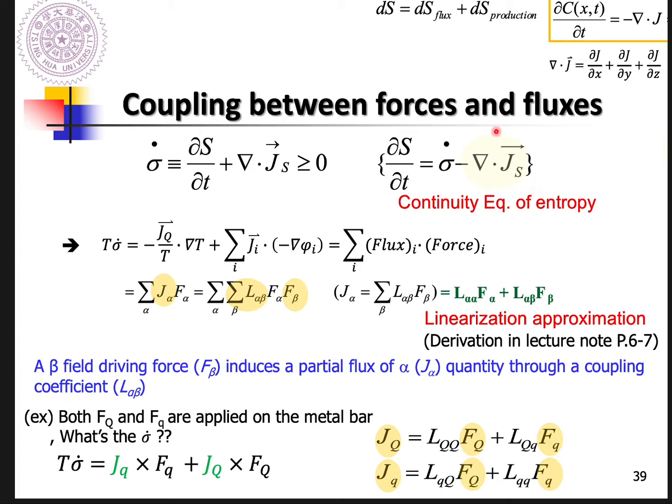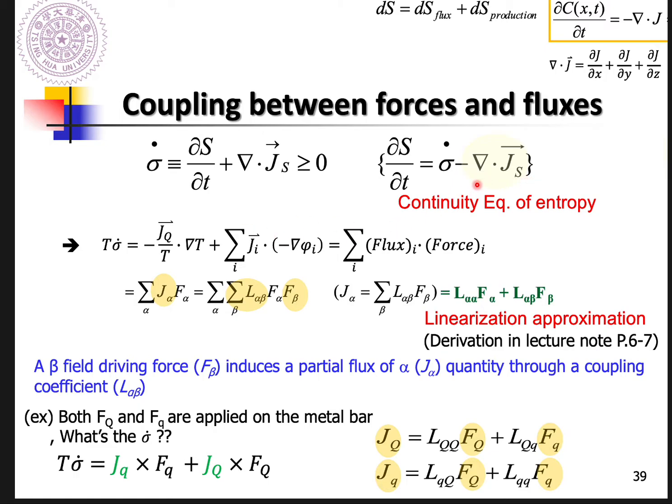So this is the continuity equation of entropy. When you are interested in the entropy change of your system or materials, it is summed up by the entropy production rate produced by the system and the entropy changes from the surroundings.